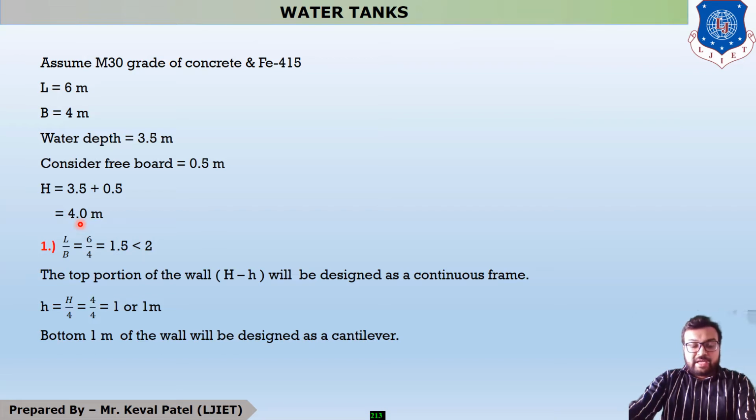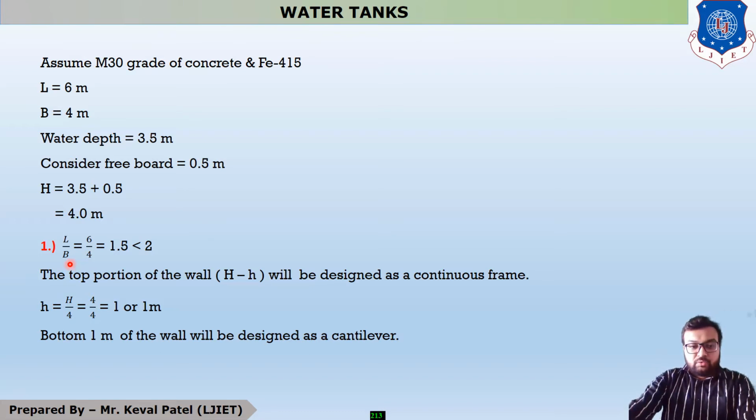Now the dimension of our water tank is 6 meter in length, 4 meter in width and 4 meter in height. First of all we have to check whether the L by B ratio of water tank is less than or equal to 2, or whether it is greater than or equal to 2.